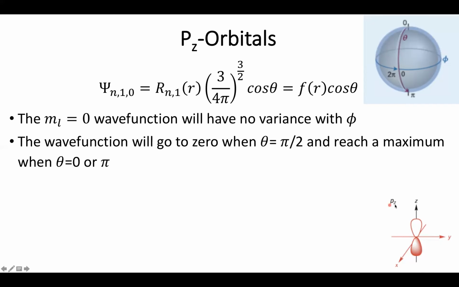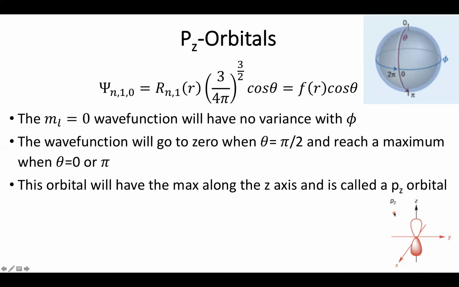Yep, this should look familiar. This is our good old pz orbital, and that's how we pretty much get the pz orbital. Because I've got no angular momentum pointing in the z direction, that means all my motion has to be in the z direction, going up and down and up and down.